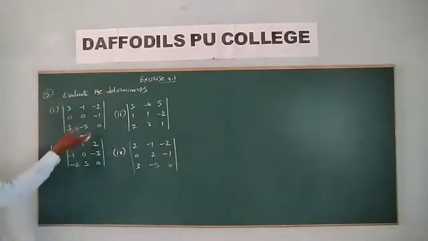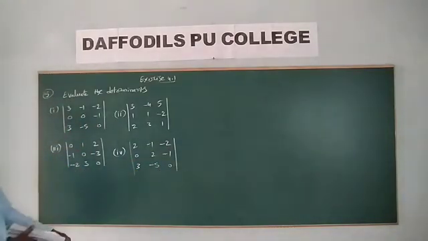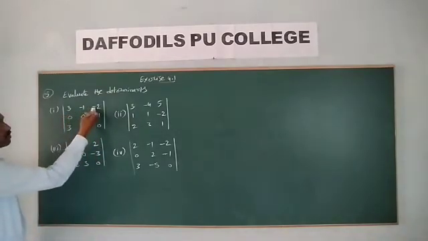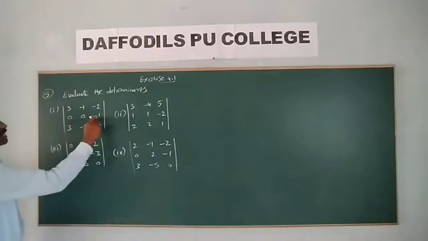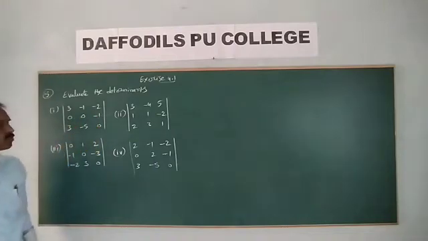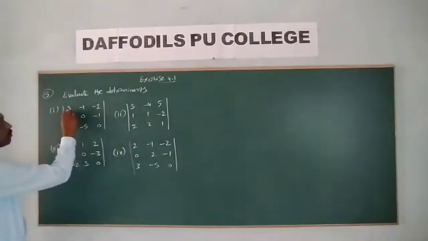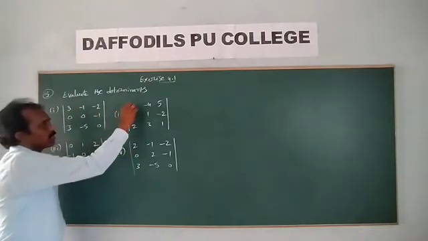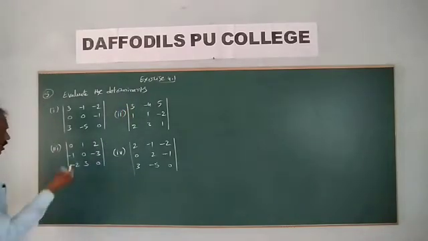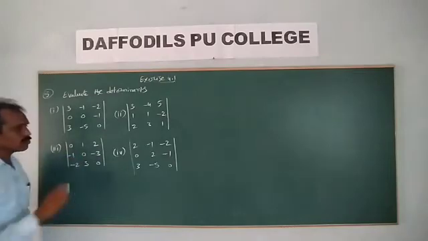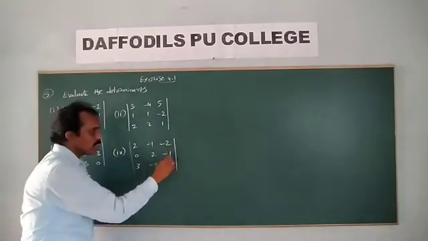The process is the same as I explained for 3 by 3 matrices: either along the first row or first column, second row or third row, like this. That is your choice. Try each problem in different ways. Do this problem along the first row, this one along the first column, this one along the second row, and this one along the third column.